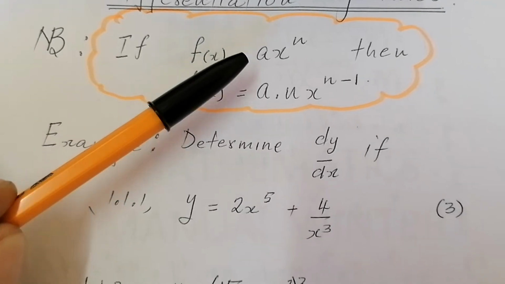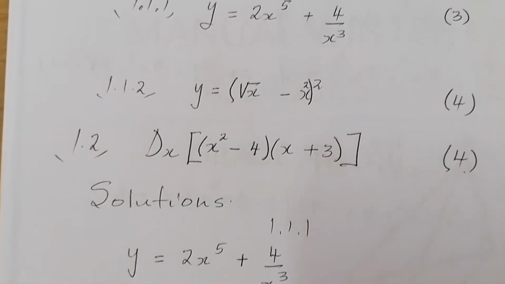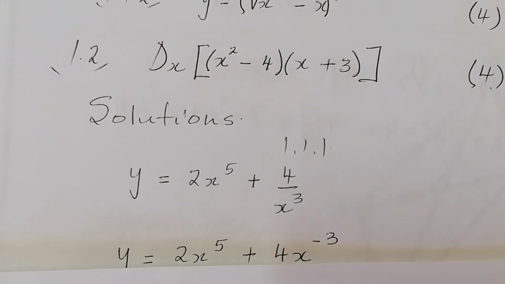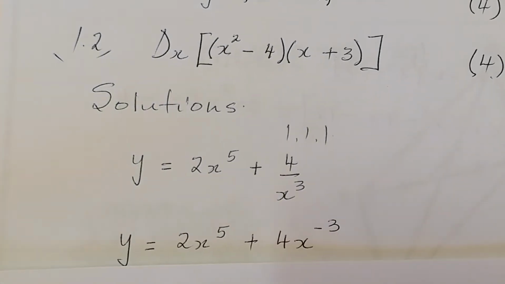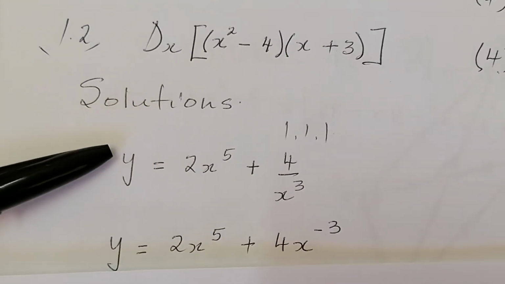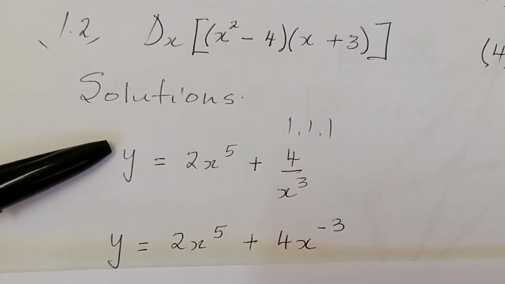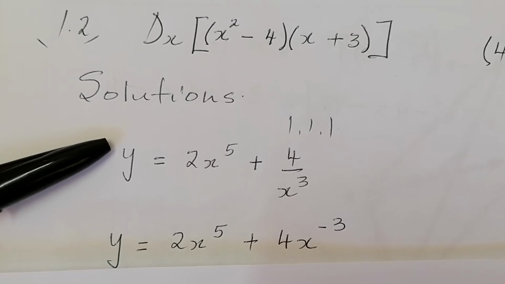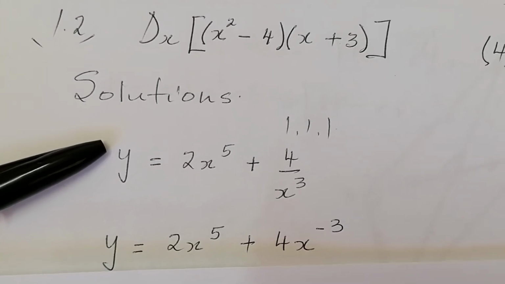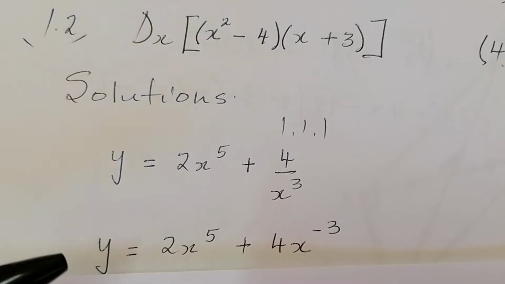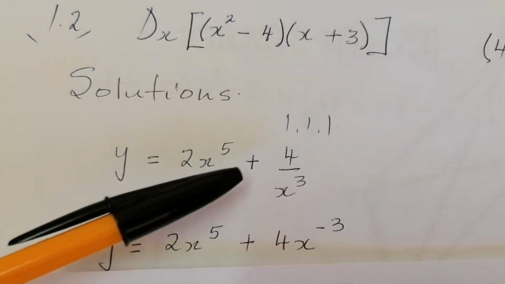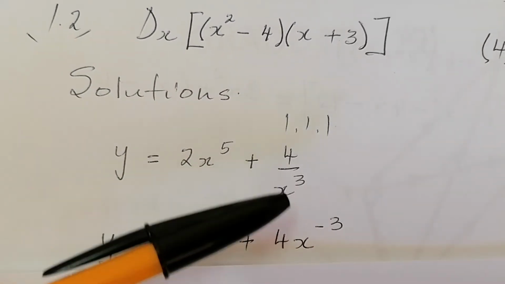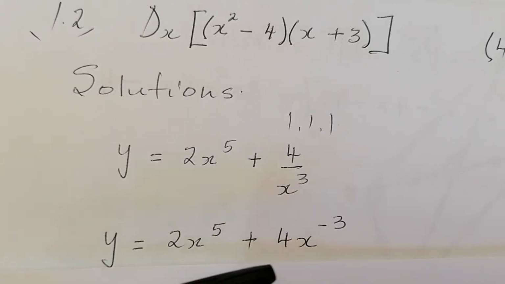That means that I can now differentiate. Folks, please look at this. In this step, I copied down the given statement or function. Here, I rectified that so that I can be able to differentiate.